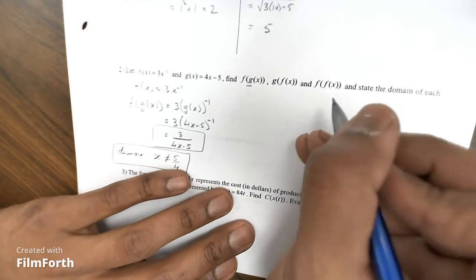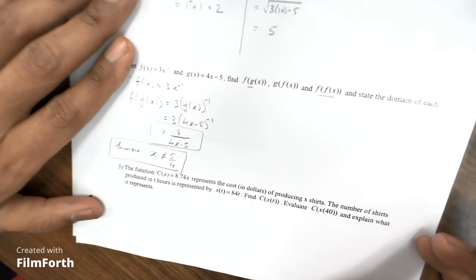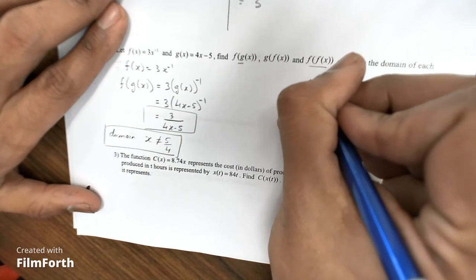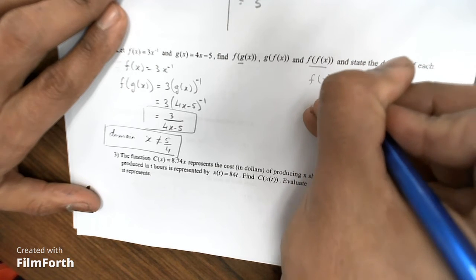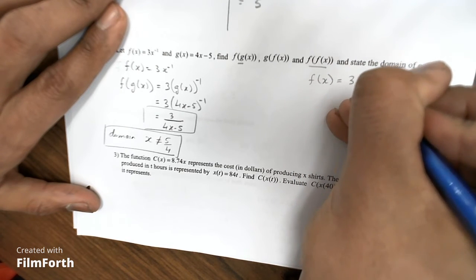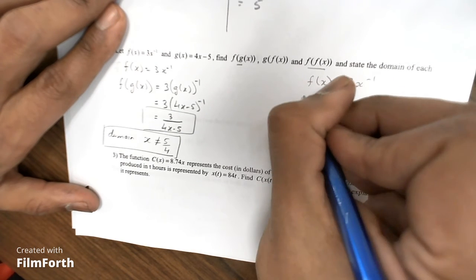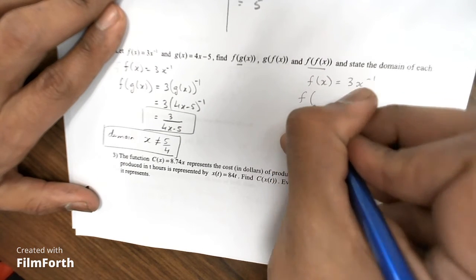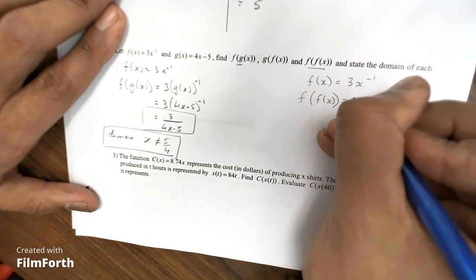Let's try another one. Let's do this one because it's rather tricky but also kind of sweet. So what is f of x? f of x is 3x raised to minus 1. And I want to know f of f of x, so I will replace the x inside with f of x.